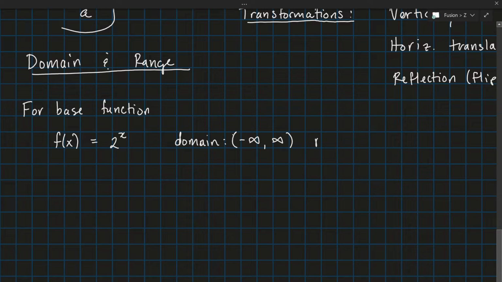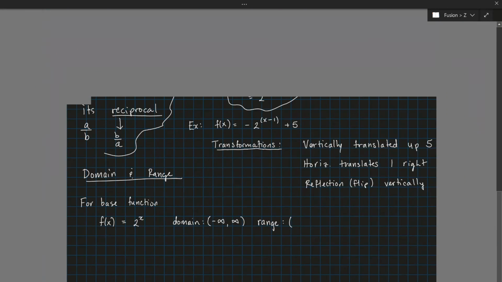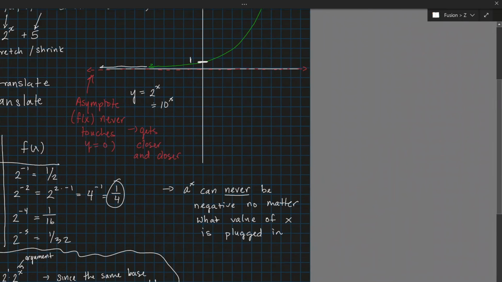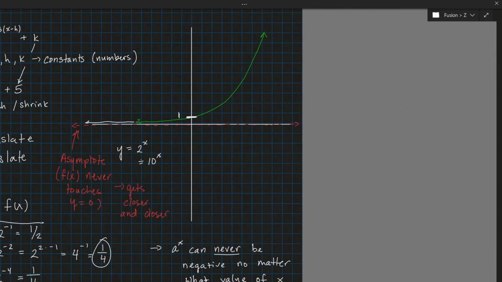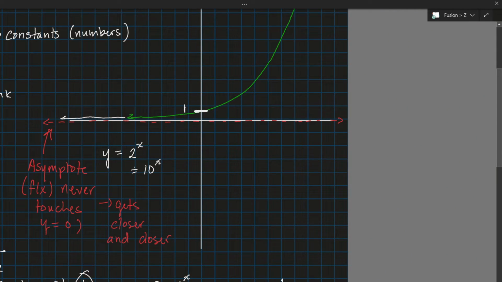And the range would be, well, let's look at the graph. So as we said last time, as we get further and further into the negatives, this function gets closer and closer to 0.